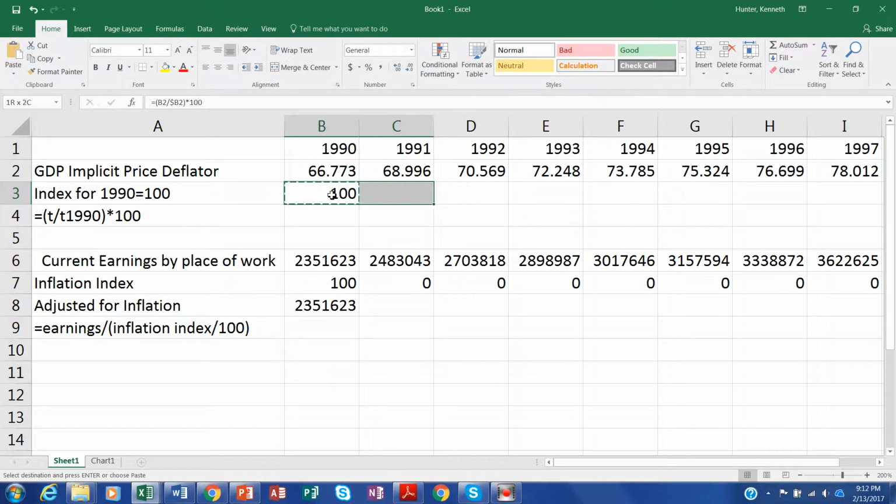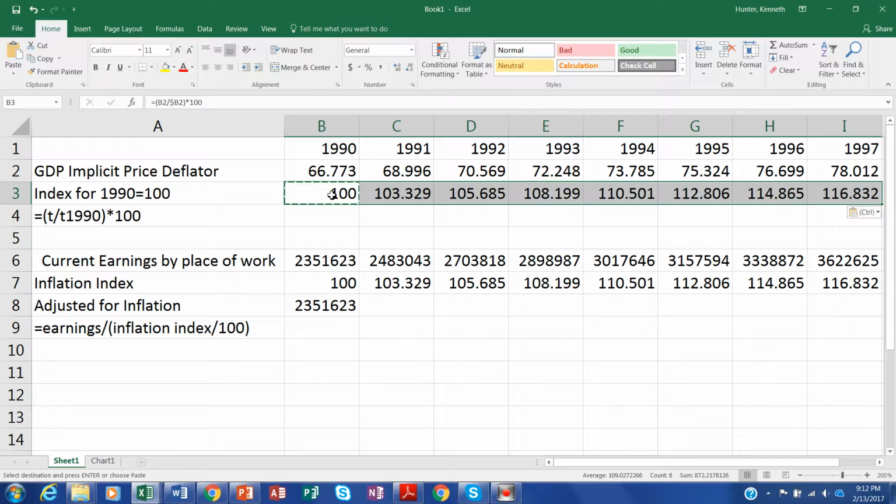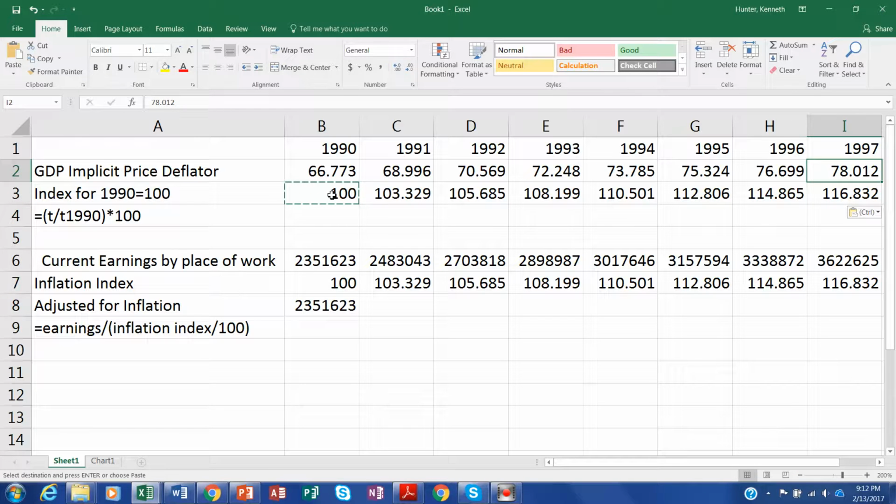If you copy and paste that calculation forward, you will see that it has now been re-indexed so that we start off with 1990 being 100, and inflation has been indexed every year from that point. Based on the information provided in row 2, we have the results for row 3.